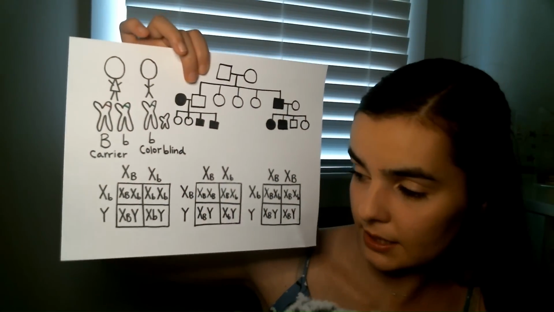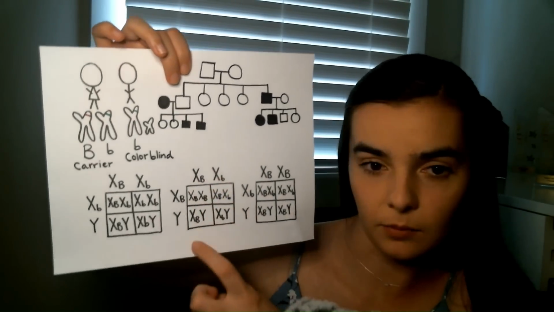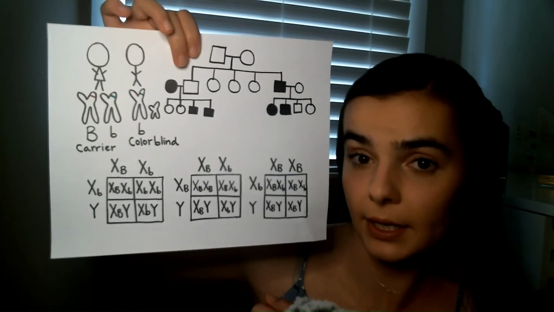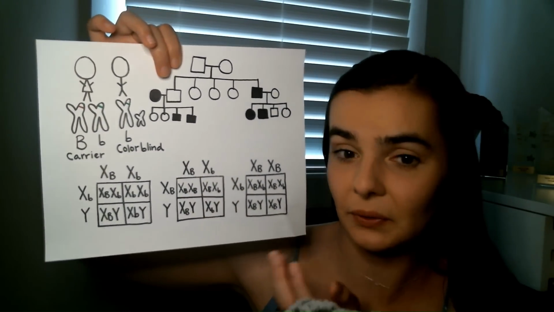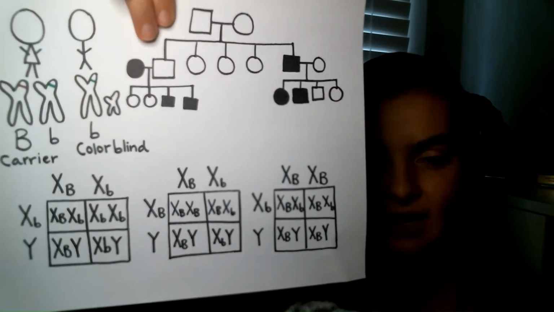Whereas the boys, we are gonna get a normal boy from the mom's normal gene, but we are also gonna get a colorblind boy because the mom can pass on that recessive allele, and the boy only gets one, and so he's gonna be colorblind.